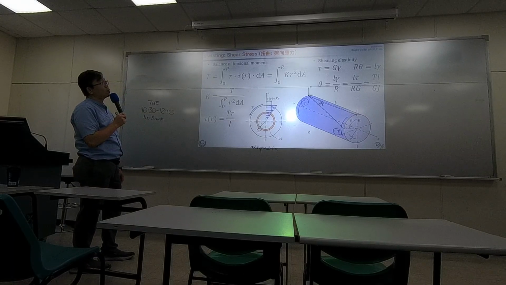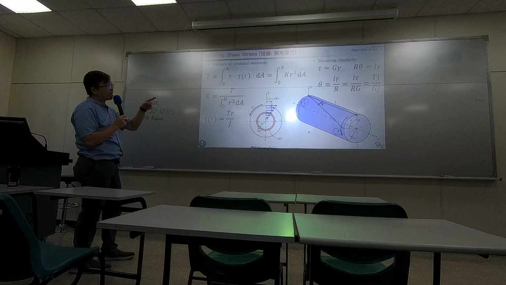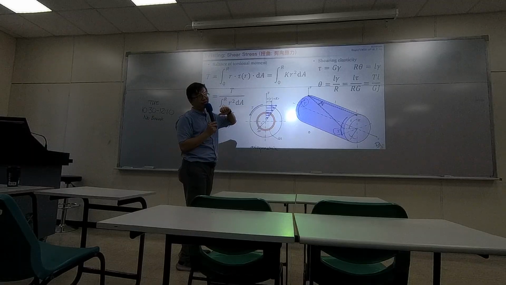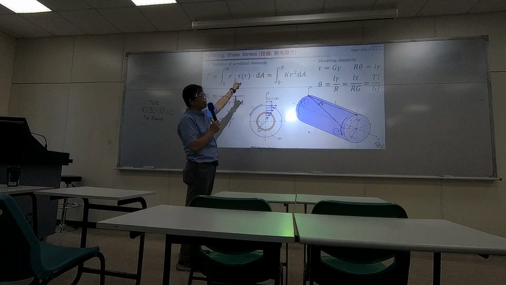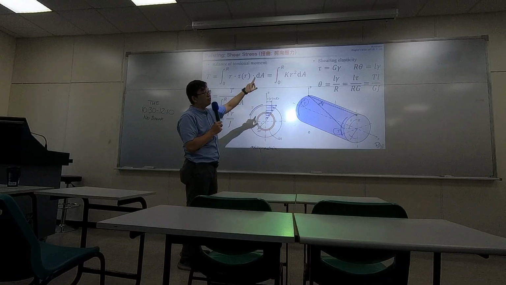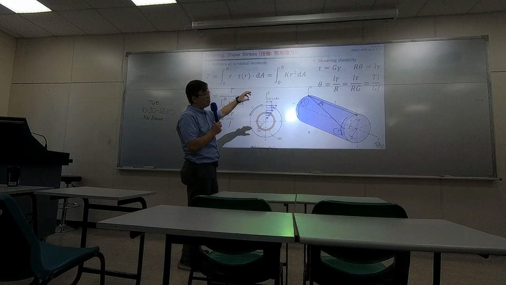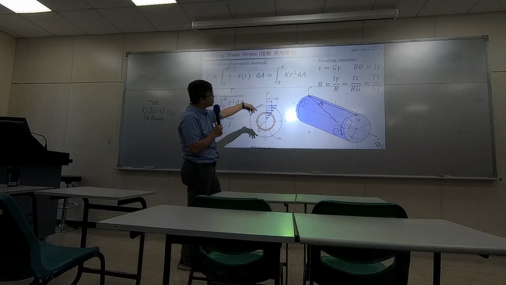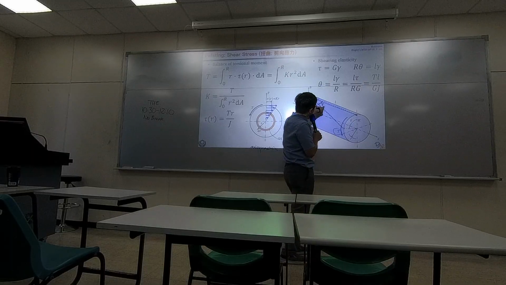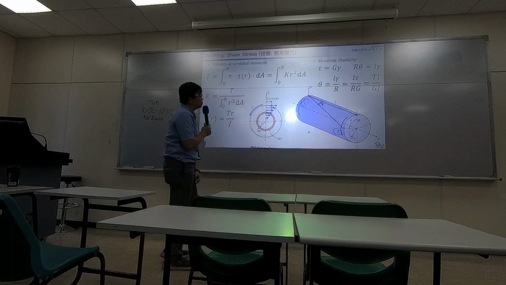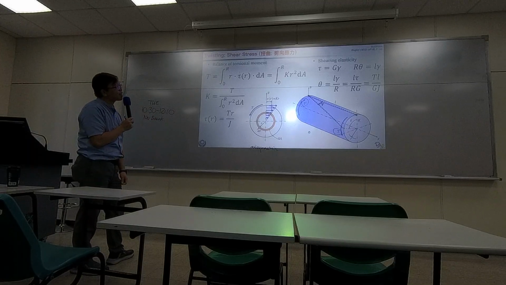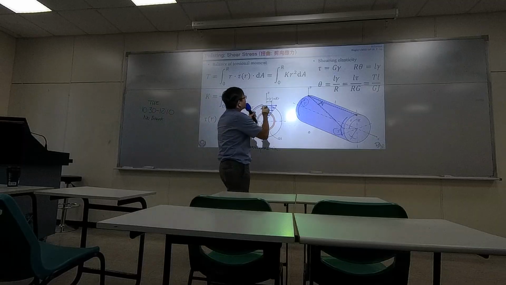Okay, so that angle is like the angular deformation. In the linear stress analysis, you have sigma and strain, but for twisting, your strain is studied in terms of the angle, in the unit of angle. Okay, so you can compare.